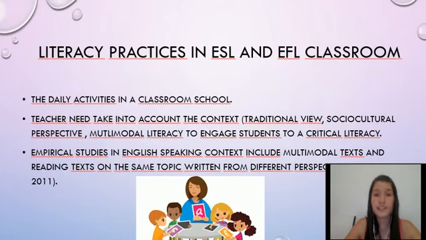The teacher may take into account the context, the traditional views, the beliefs of the students, their sociocultural perspectives, and the multimodal literacy that shows in the mass media, and this can help to engage students in critical literacy. Empirical studies in English speaking contexts include multimodal texts and reading texts on the same topic, written from different perspectives.